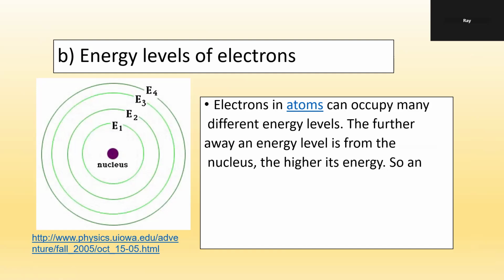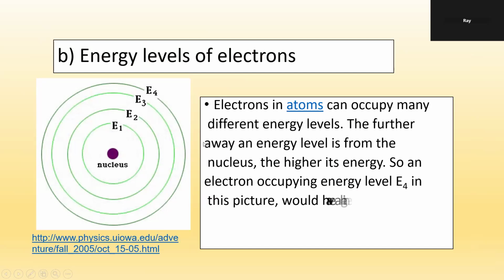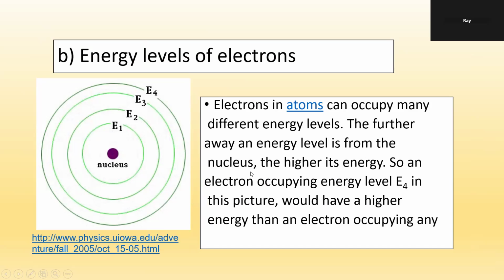So an electron occupying energy level E4, in this picture, would have a higher energy than an electron occupying any of the other three levels. Right? So this is higher energy, this is the lowest energy. So this is the highest one, E4.